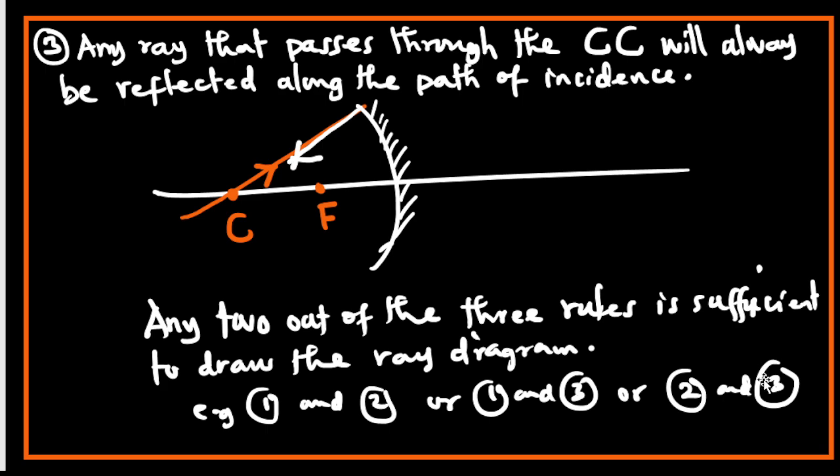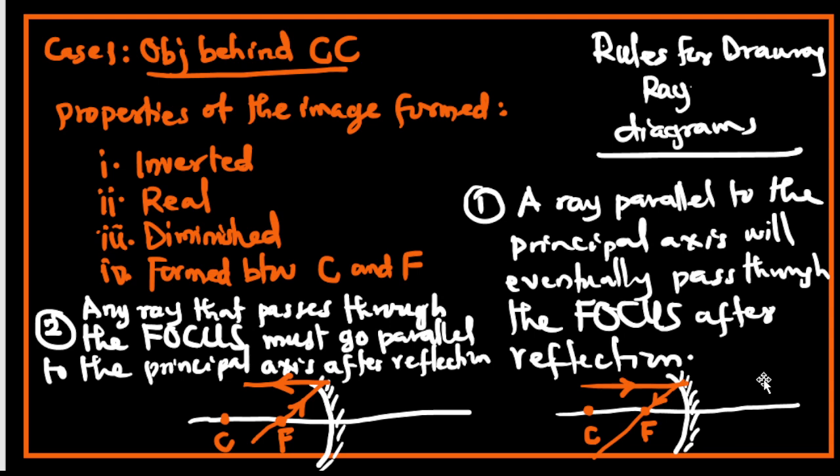So the summary again: 1, when a ray goes parallel to the principal axis, the reflection always passes through the principal focus F. Number 2, when a ray is incident along the principal focus, that is, if it passes through the principal focus, the reflection goes parallel to the principal axis.